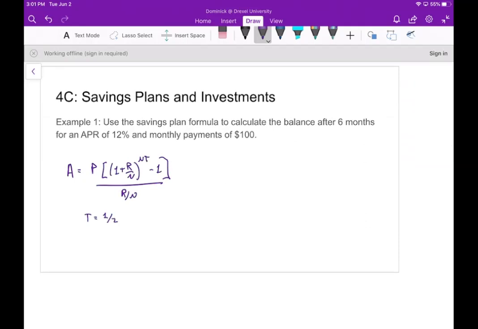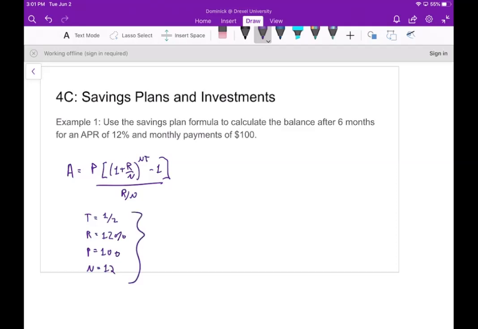Our interest rate is 12%, our P value is 100, and N is 12 since we're making monthly payments.